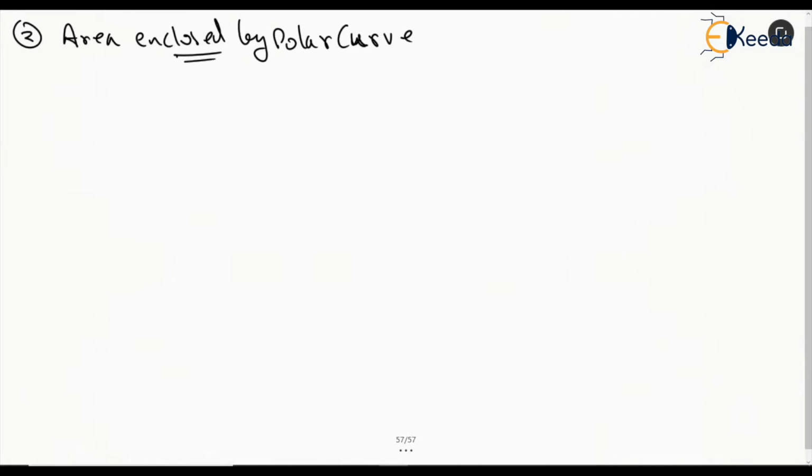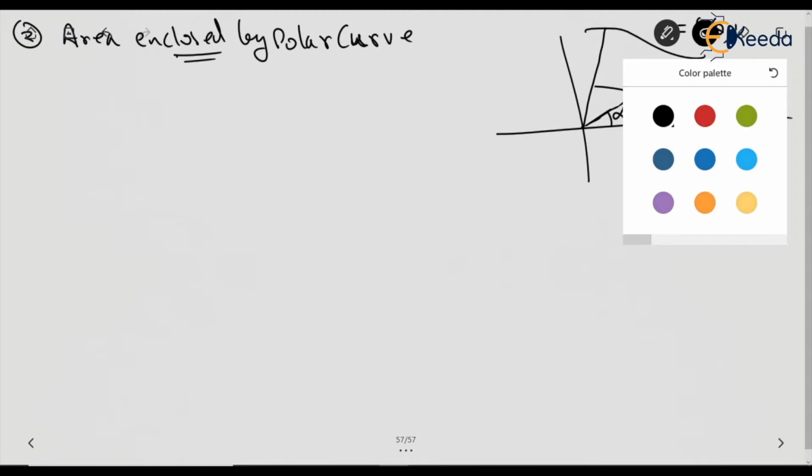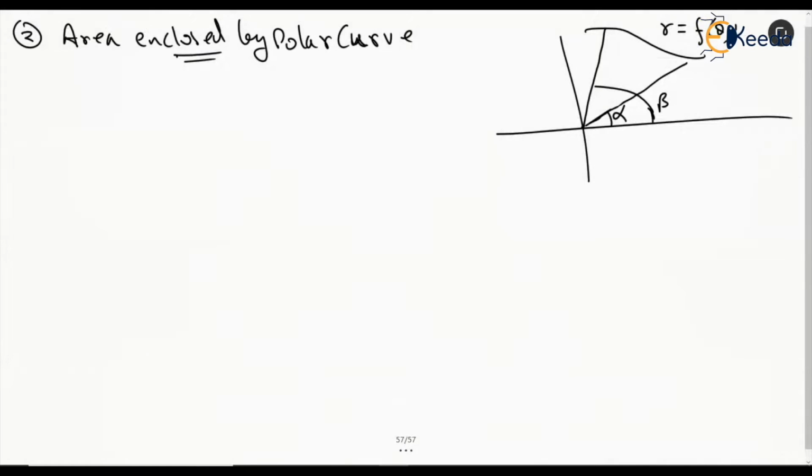So let's say this is a polar graph given as r is equal to, let's say, f of theta, then if we are trying to find the area between a certain angle, let's say alpha, and another angle, let's say beta, then the area enclosed between alpha and beta is this one.